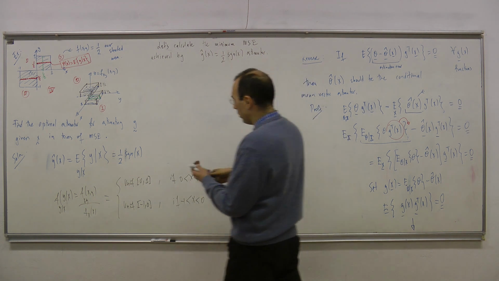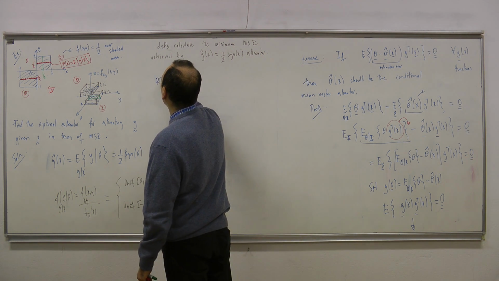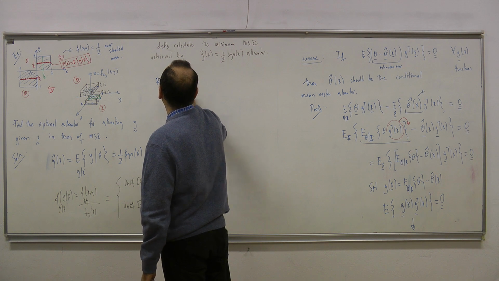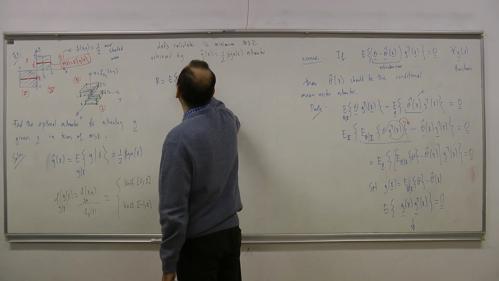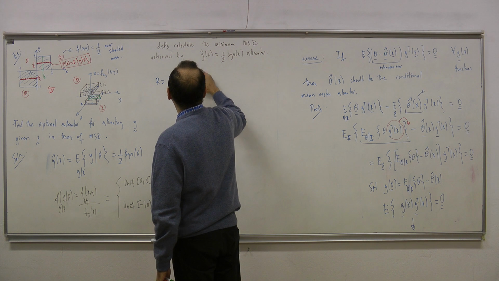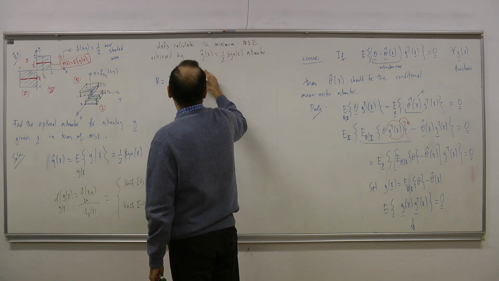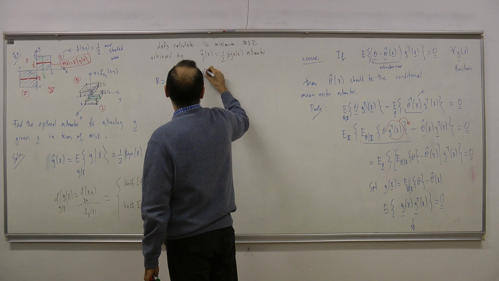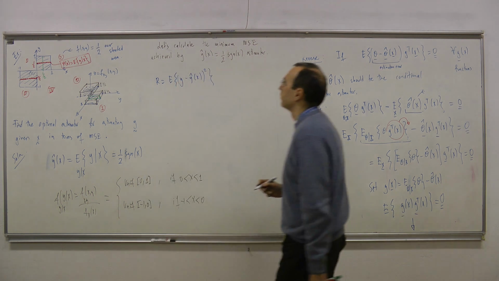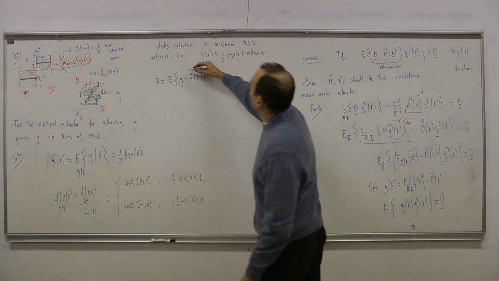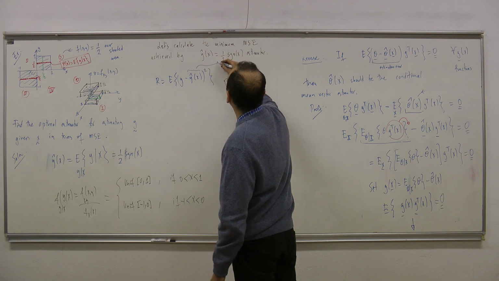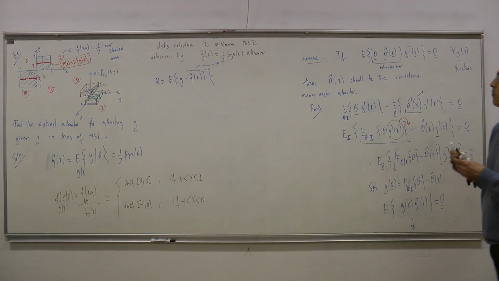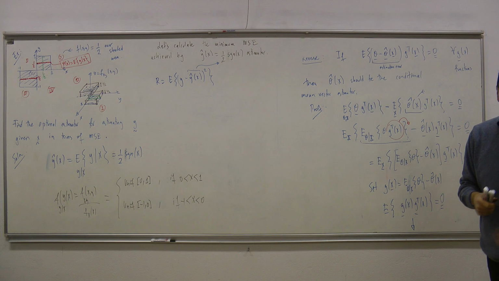How can I do this? This is what we call risk, isn't it? I have minimized this risk, so this is the minimum value for that: the expected value of y minus y hat of x, parentheses squared. My y hat is equal to this. So how can I calculate this one?